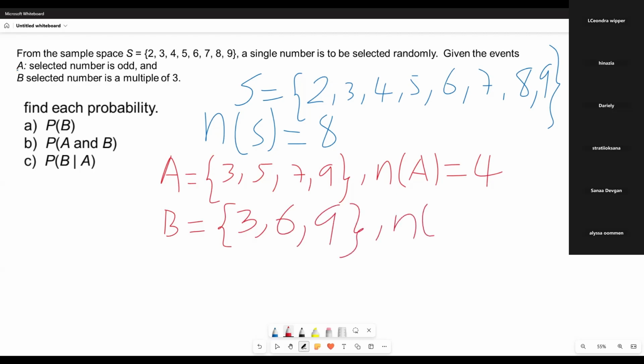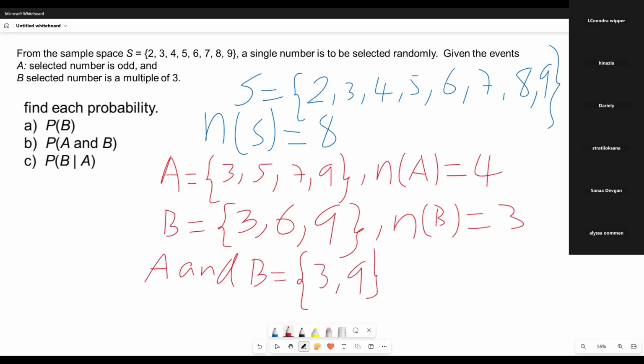So N of B equals 3. Got it? Okay. Now, look at the 2 events. What do you observe? Do you think they are mutually exclusive events? Yes or no? No. 3 and 9. So N of A and B equals 2.